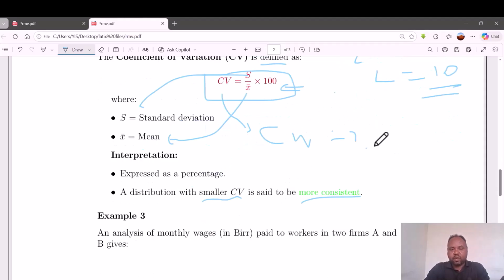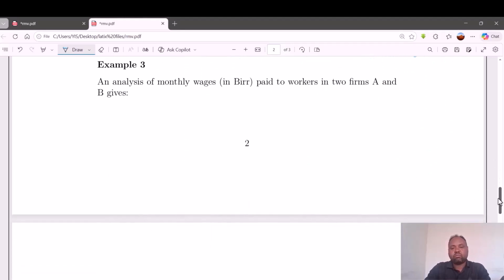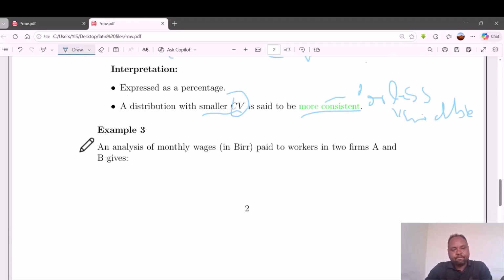That percentage is interpreted this way: a distribution with smaller CV is said to be more consistent or less variable. Now let us see one example based on this CV formula.